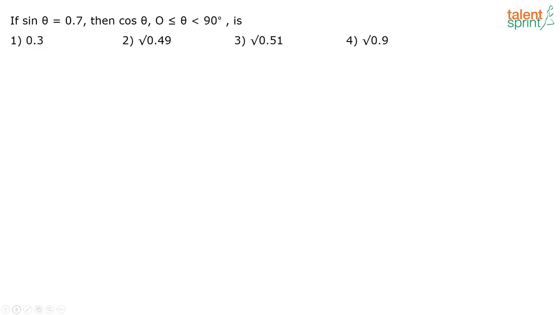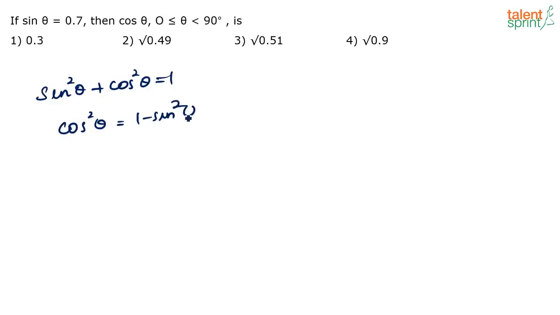Next one. Okay, here what is given? Sin theta is equal to 0.7, then cos theta is dash. How can we find that out? See, again, you know sin square theta plus cos square theta is equal to 1, or I can say cos square theta is equal to 1 minus sin square theta, or cos theta is equal to root of 1 minus sin square theta.